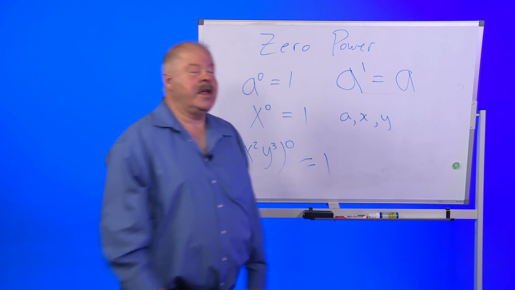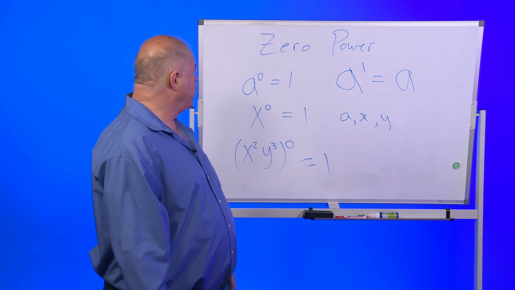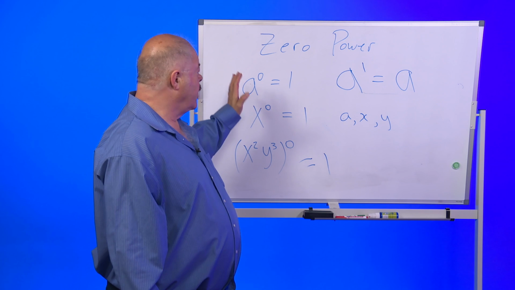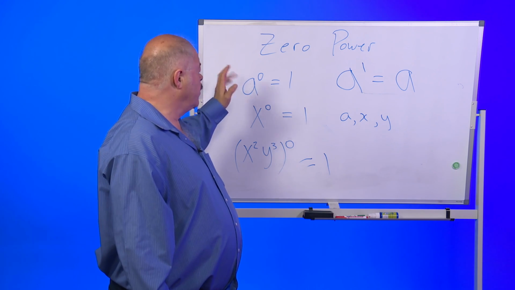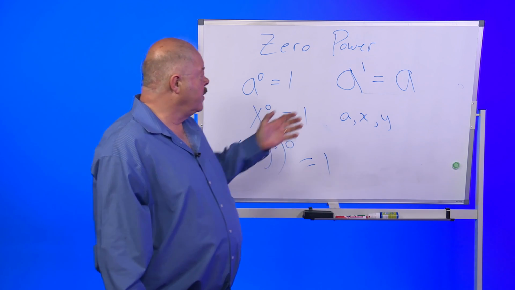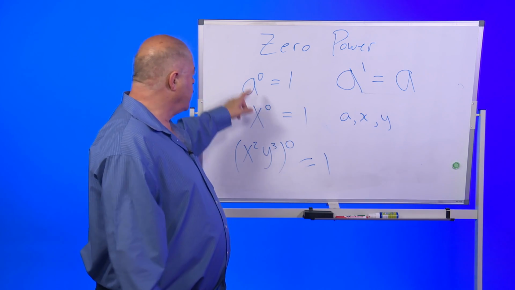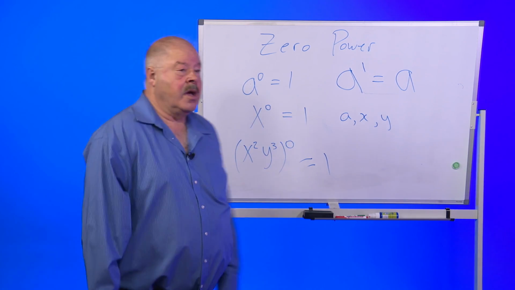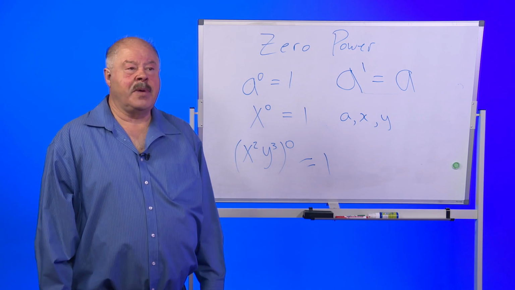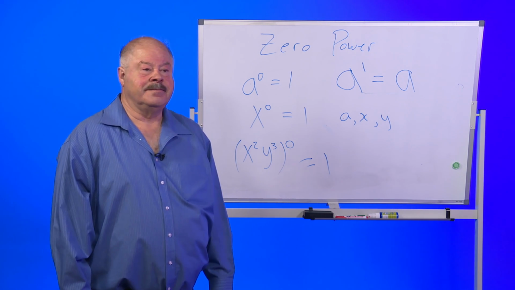Now let's look at a negative quotient. And what that means is a negative exponent. And that's where we have a negative number as part of the exponent. So I will put that up and we'll get right to it.